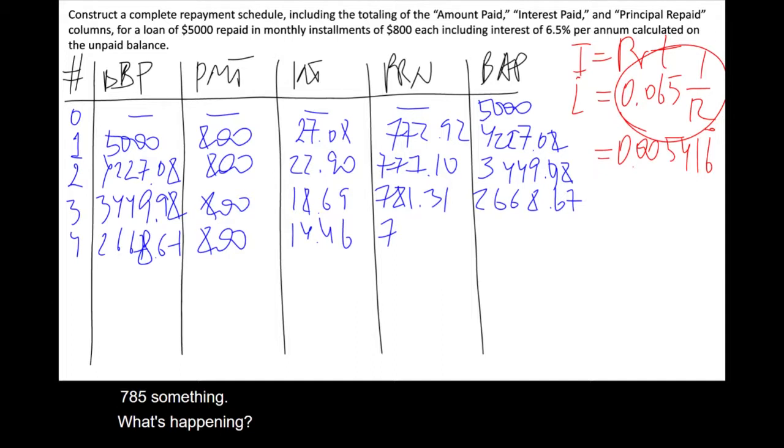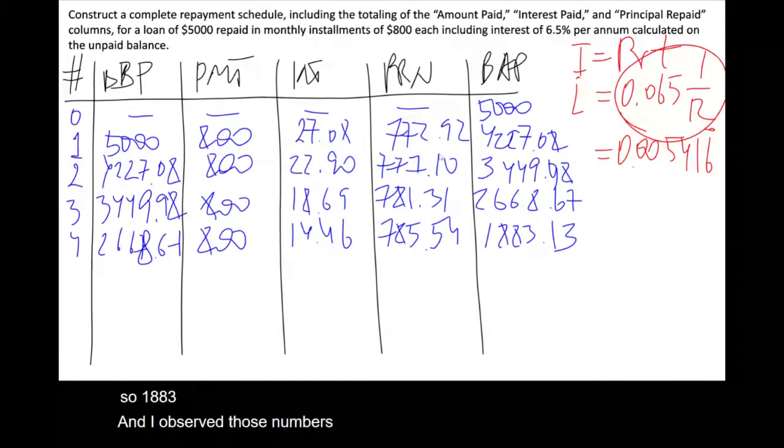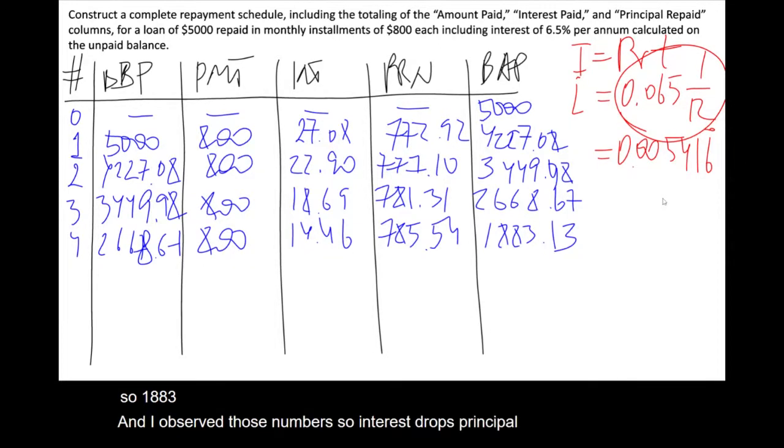Okay, 14.46. Good. Okay, 785.54. So 1883, and I observe those numbers. So interest drops, principal grows, everything is going well.